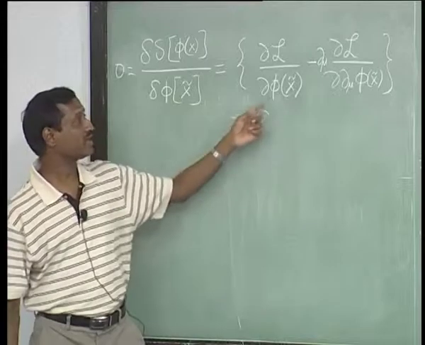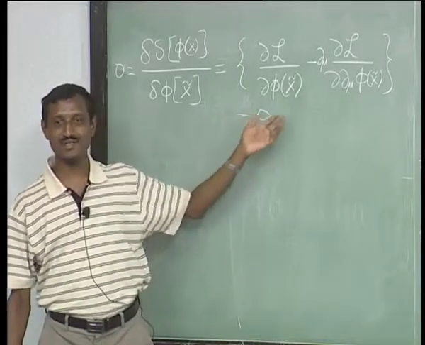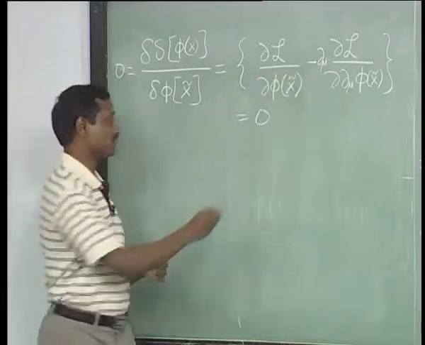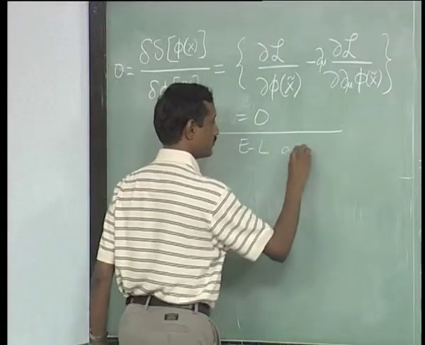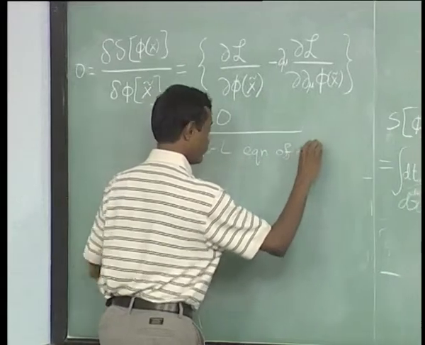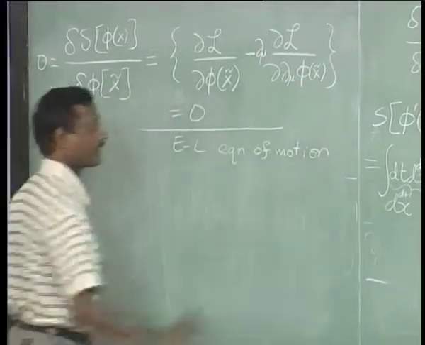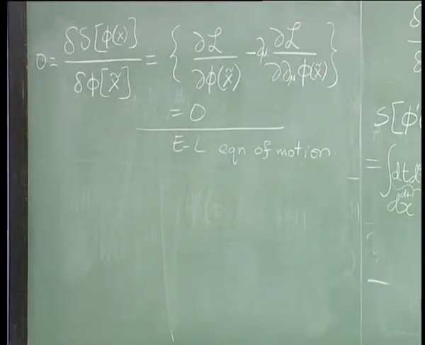So this is the Euler-Lagrange equation of motion. It's more or less just a repeat of what we did earlier for the case of finite degrees of freedom with some small bells and whistles.